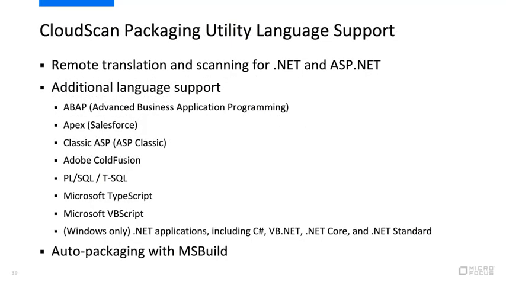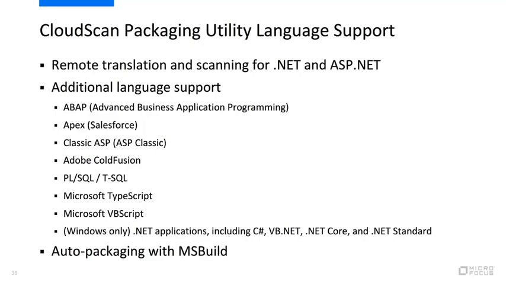Fortify CloudScan now supports remote translation and scanning for .NET and ASP.NET projects. The Fortify CloudScan utility that packages source code, dependencies, and Fortify Static Code Analyzer translation instructions, which was introduced with version 19.1.0, now supports ABAP, Apex, Classic ASP, Adobe Cold Fusion, PL/SQL, TSQL, TypeScript, VBScript, and, for Windows only, .NET applications, including C#, VB.NET, .NET Core, and .NET Standard.